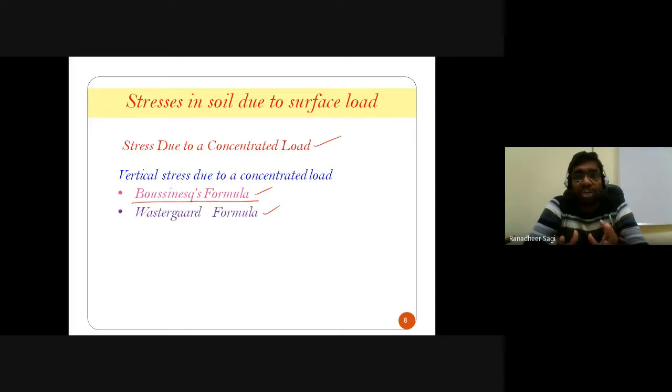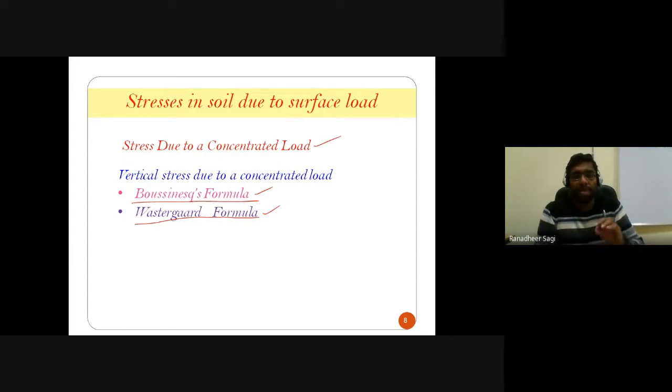Due to these different types of loads, how the stress increases in the soil strata is what we are going to be talking about. That increment in stress in the vertical direction in your soil strata is what we are going to look at under the different loading conditions. However, in the case of the concentrated load, we can understand how much vertical stress is developed in the soil, either by Boussinesq's formula or by Westergaard's formula.